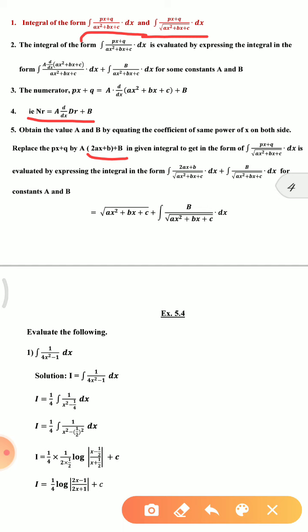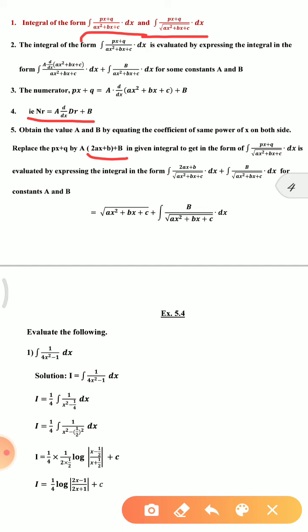We evaluate by expressing the integral in the form: integral of (2ax plus b) upon under root of ax square plus bx plus c dx, plus integral of B upon under root of ax square plus bx plus c dx, for constants a and b.